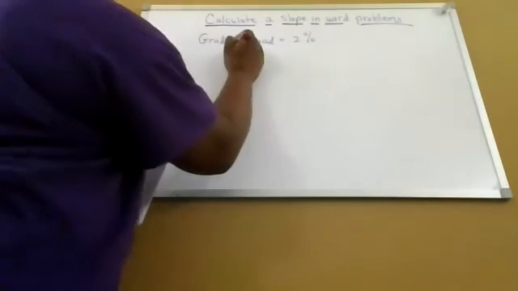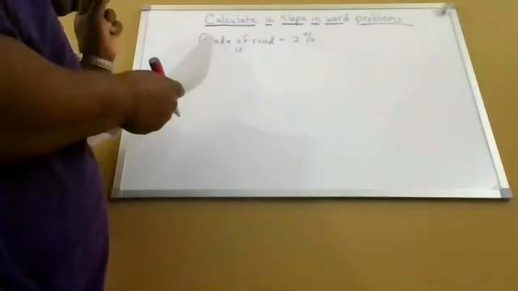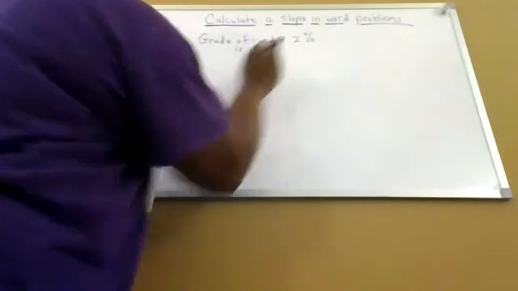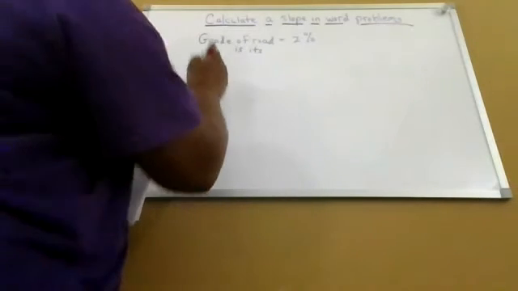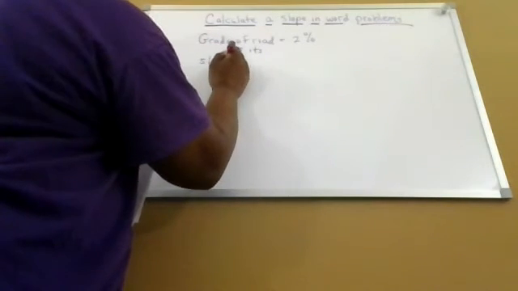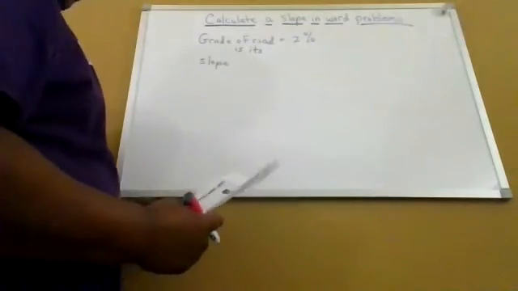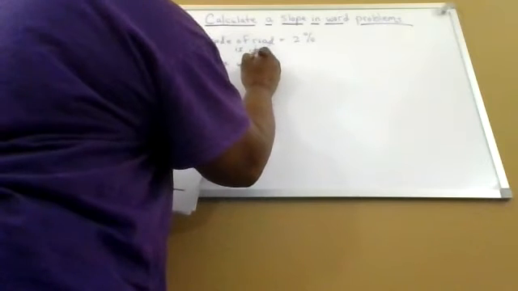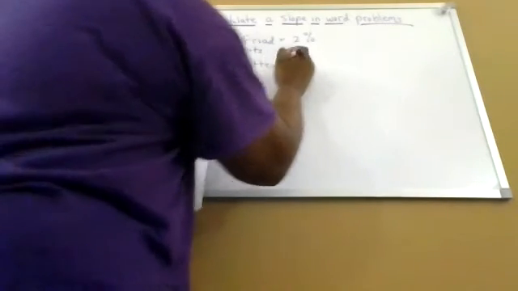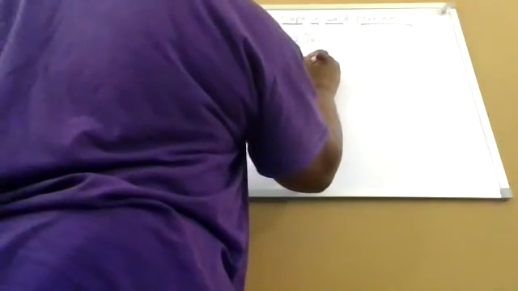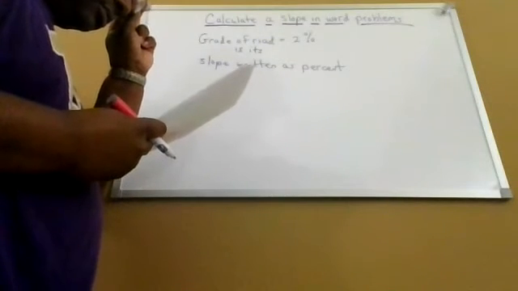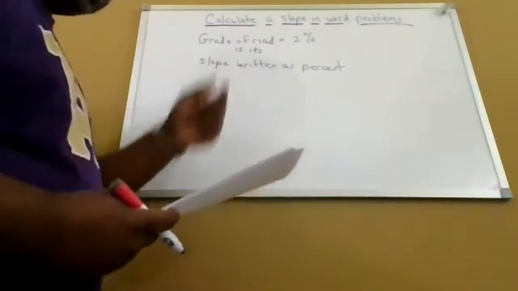So grade of road is its slope expressed or written as a percent. And that's why we have the 2%.